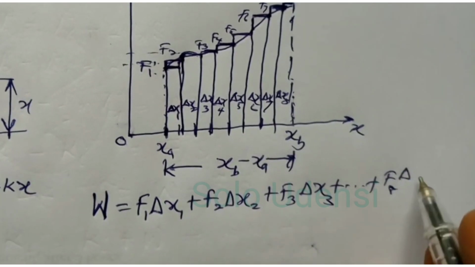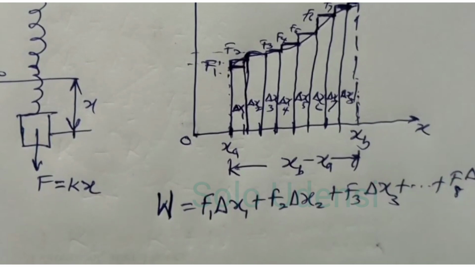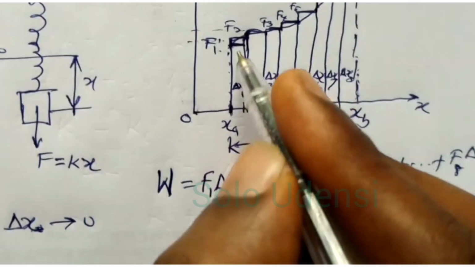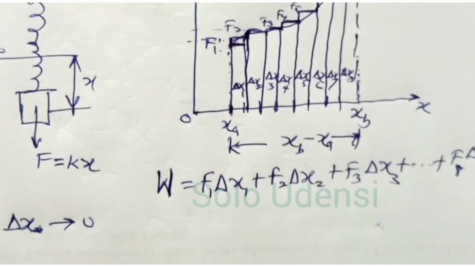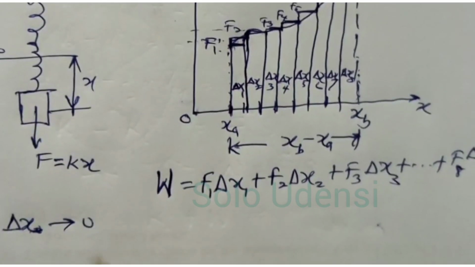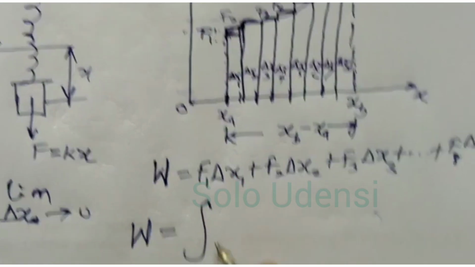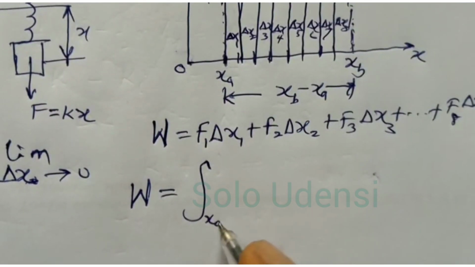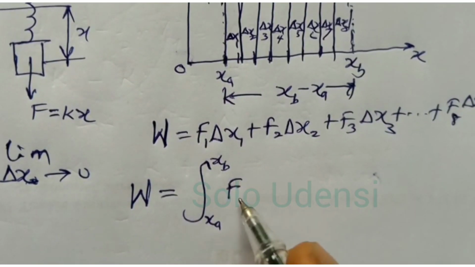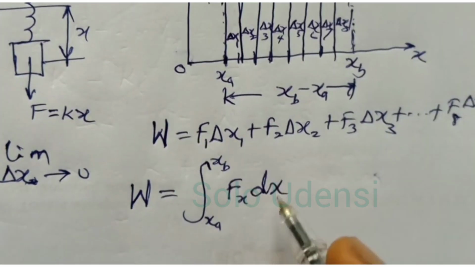So if we make delta x tend to 0, that's if we make these strips tinier and tinier, and many of them, then in the limit of this tending to 0, our W will be equal to the integral from xa to xb of Fx dx.